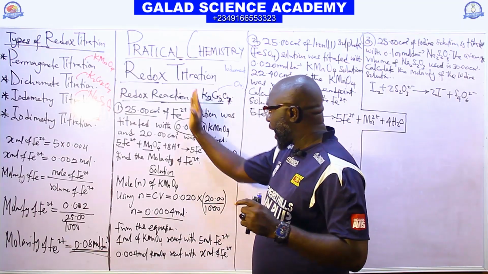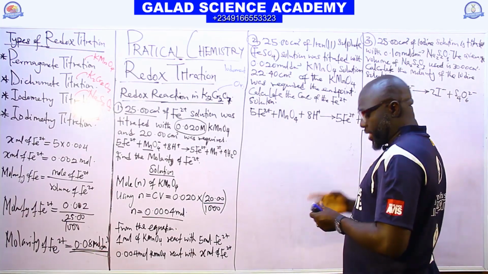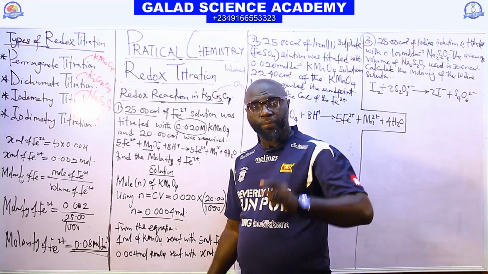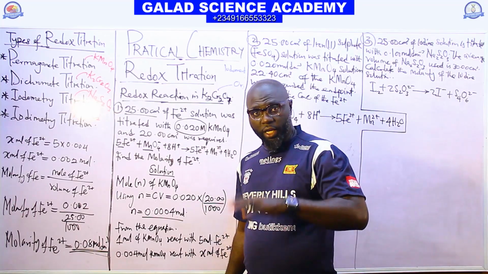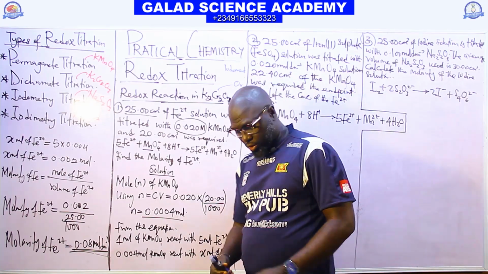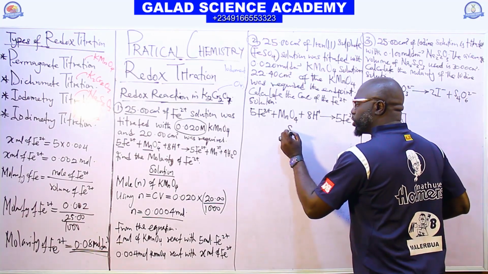Out of the 3, I solved question number 1. It remains number 2 and number 3. So let me solve the 2 remaining questions before I move to today's topic, which is precipitation titration.